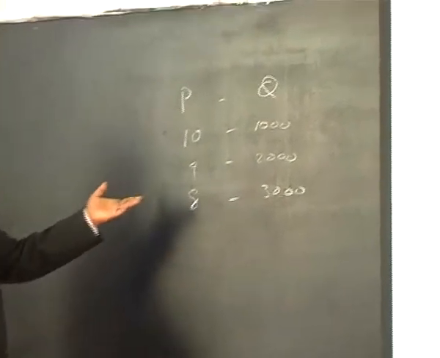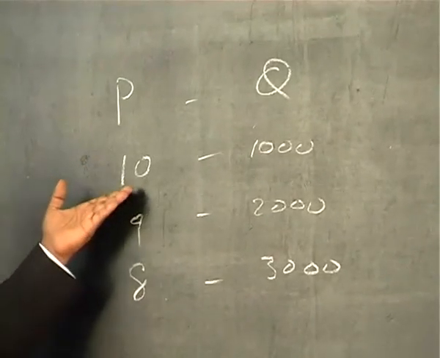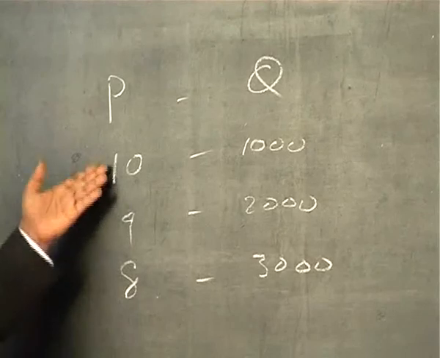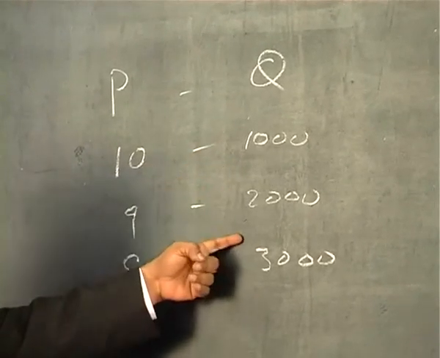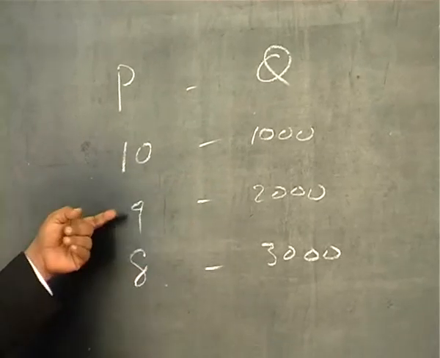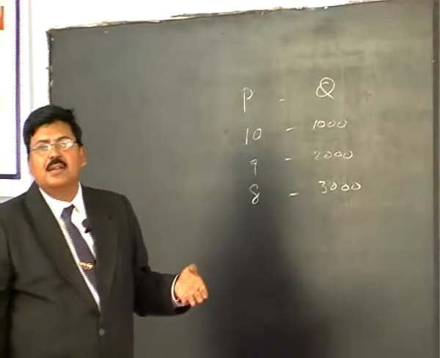This is called a demand schedule. So price per unit 10, 9, 8. When price declines from 10 to 9, quantity increases from 1000 units to 2000 units, and when it further declines from 9 to 8, it increases from 2000 to 3000.